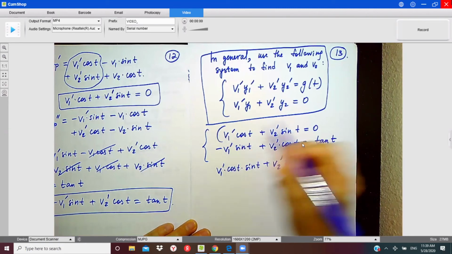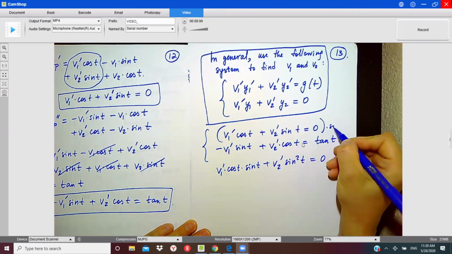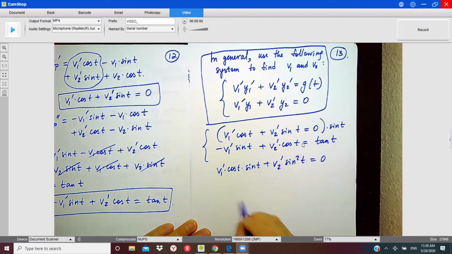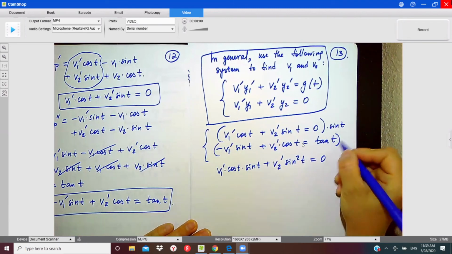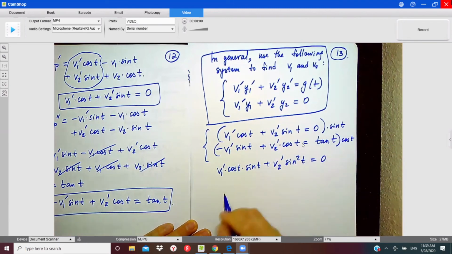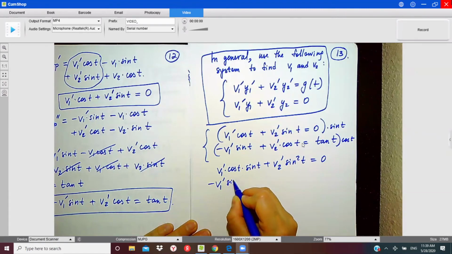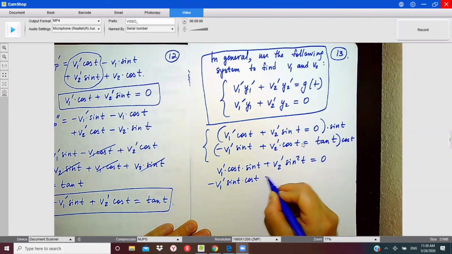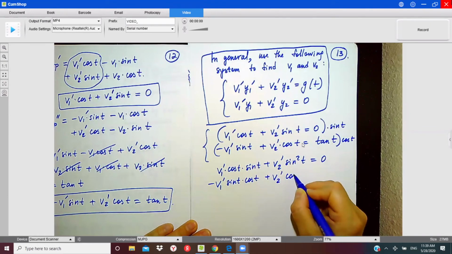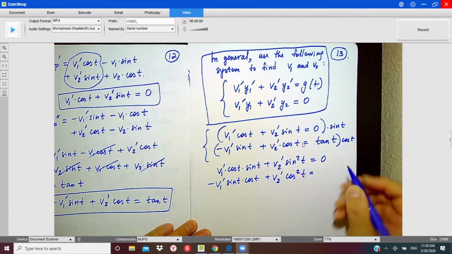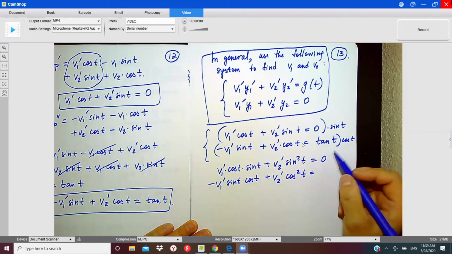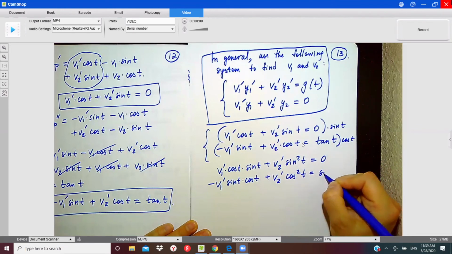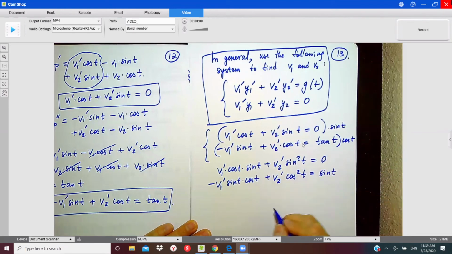So I multiplied again by sine of t, both sides of this equation. And the second equation, multiply both sides by cosine. So you get minus v sub 1 prime sine of t times cosine of t plus v sub 2 prime cosine squared t. And then tangent is sine over cosine, so cosine cancels out. We get just sine of t.